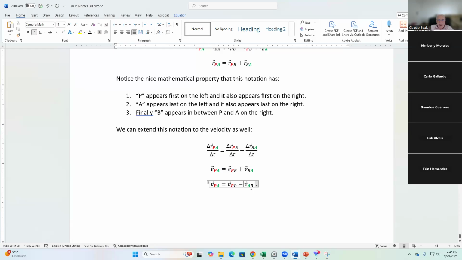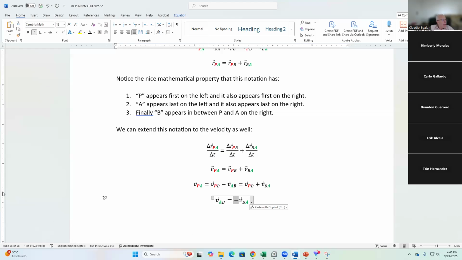Okay, because now it's the velocity of A relative to B, which is minus the velocity of B relative to A. I can write that down here. Like that. That is a nice mathematical property that this notation hides there. You invert the subscript, you add a negative sign here.